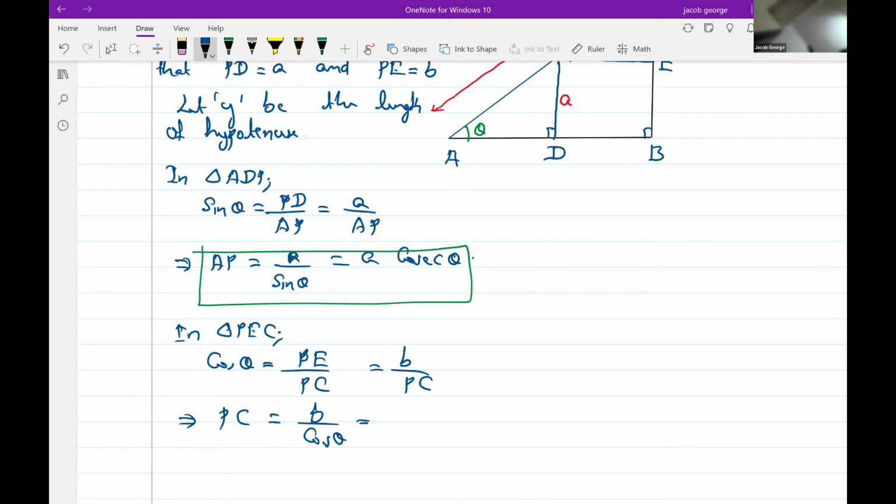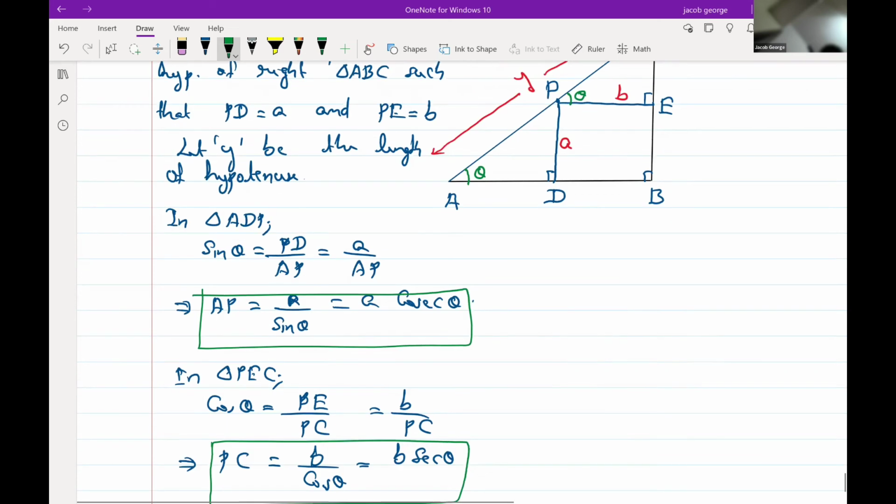That is equal to b sec theta. PC is b sec theta. Please write.